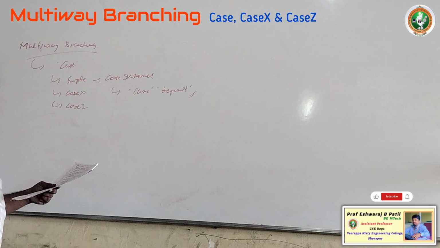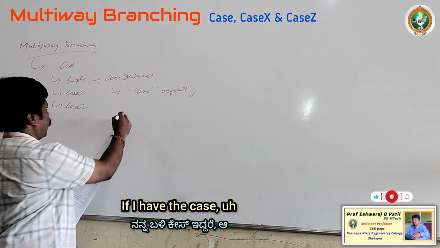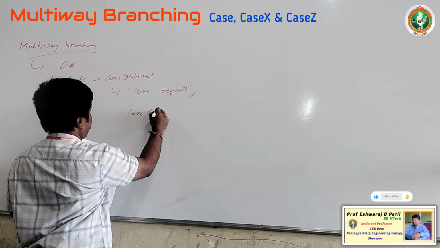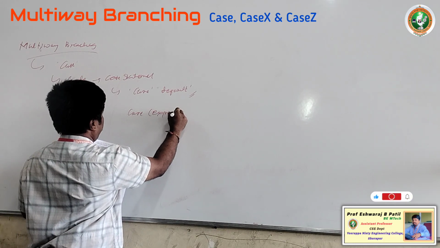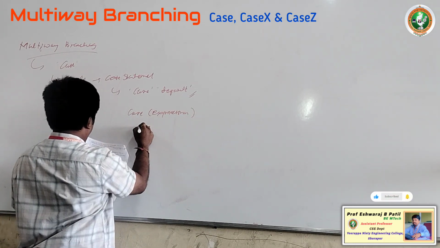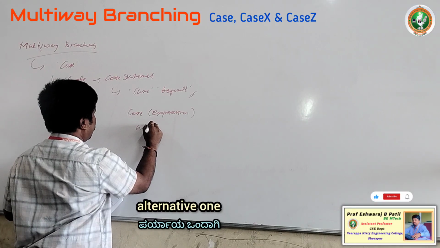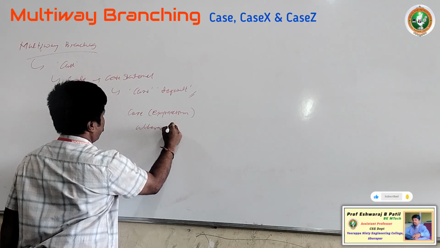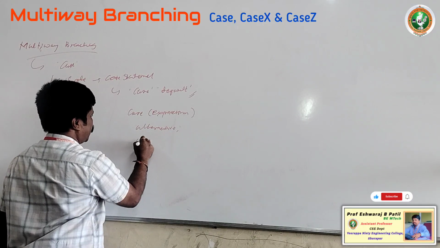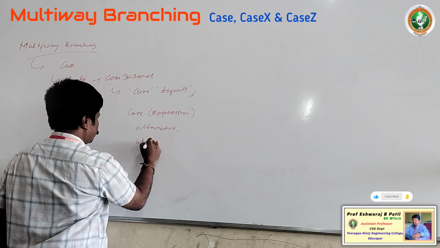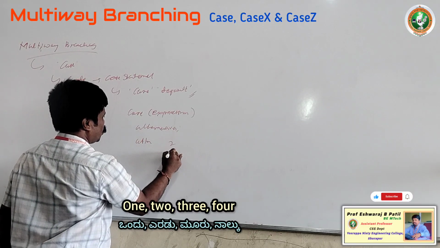If I have the case expression, then alternative 1, this is a very simple concept. Alternative 2, like 1, 2, 3, 4.